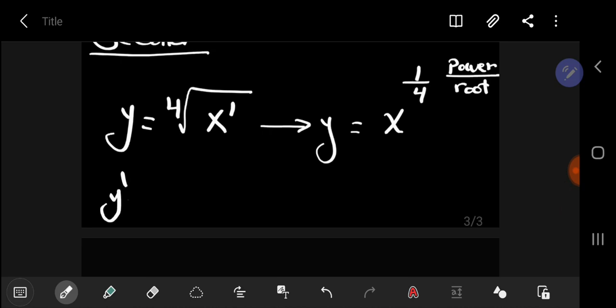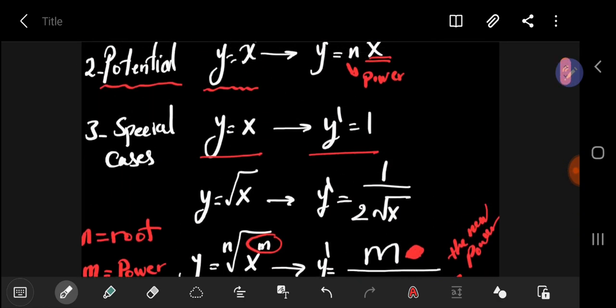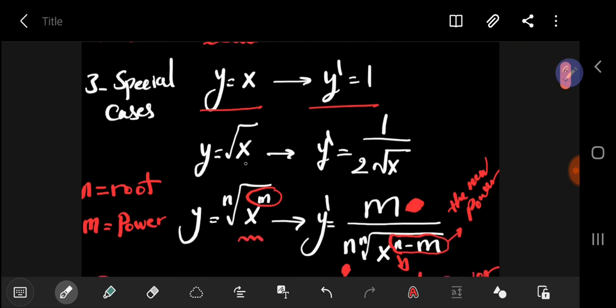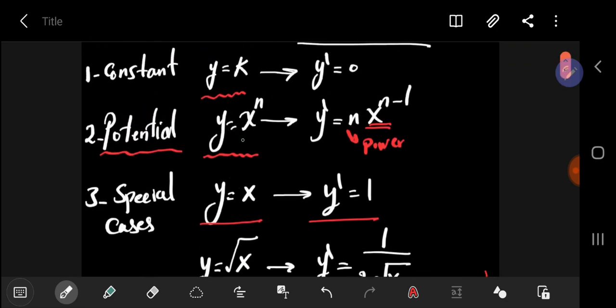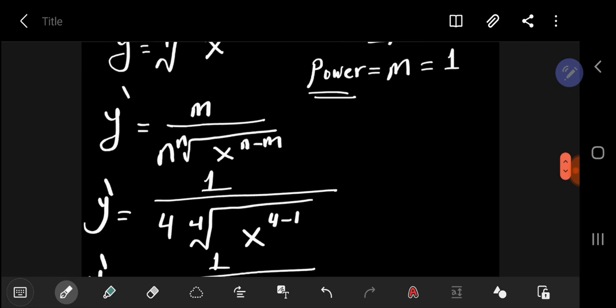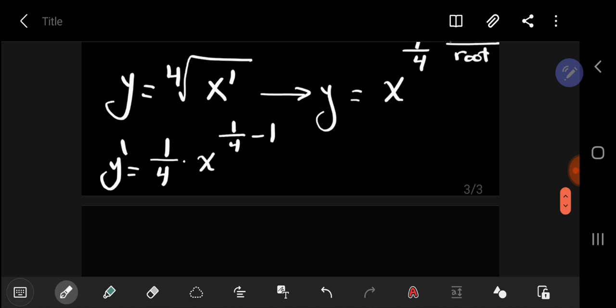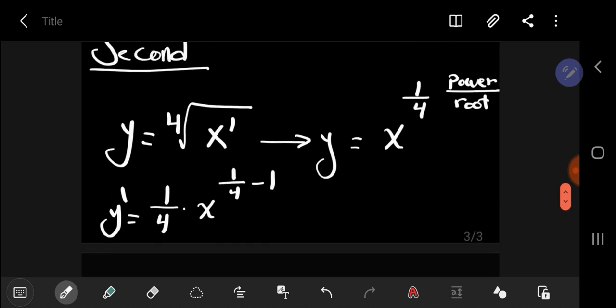How can I solve it? I say y prime equals the same power multiplied by the variable to the power minus 1. It's like the second rule, like the power rules. Now, I transform it to a variable with a power, I get rid of the root.